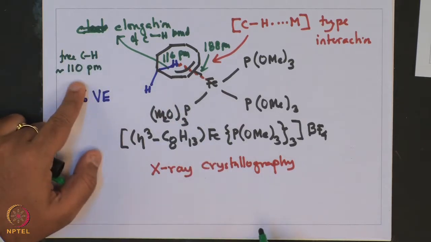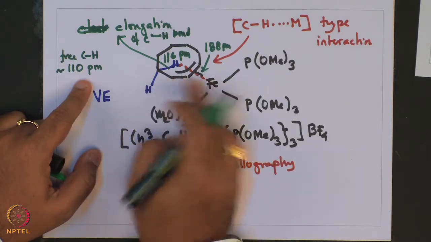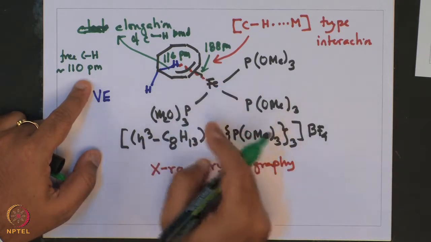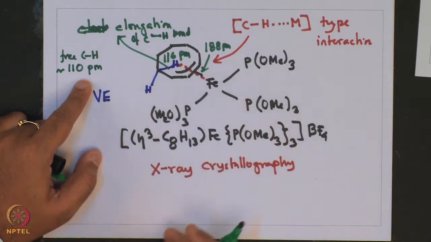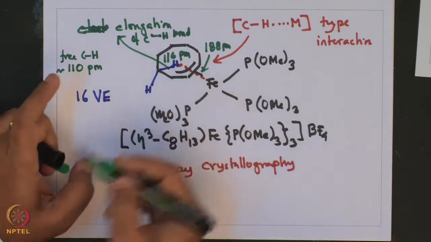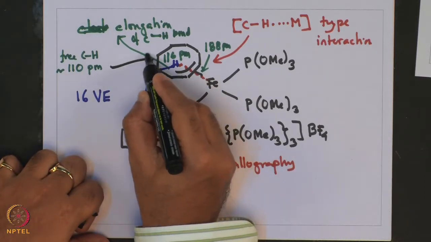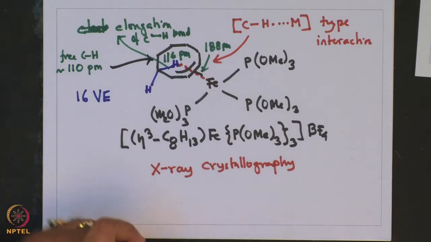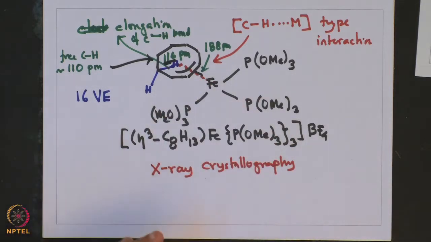So, a free CH bond which does not have agostic interaction is around 110 picometer, whereas in this complex, as it shows CH to M agostic interaction, this bond has increased from 110 picometer to 116 picometer as a result of this agostic interaction.